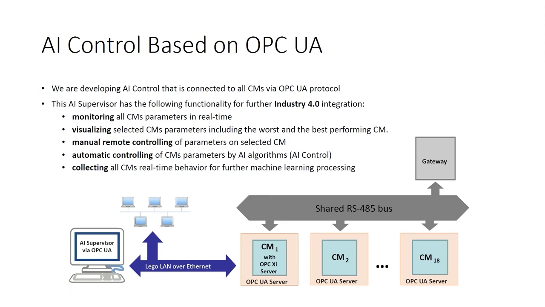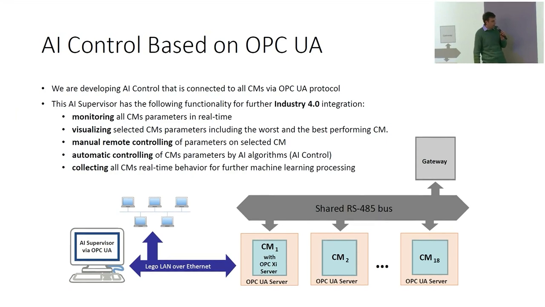So when we found out that the classical control approach based on linear control is not suitable enough, we started to build a more robust structure that will enable a data-driven approach.